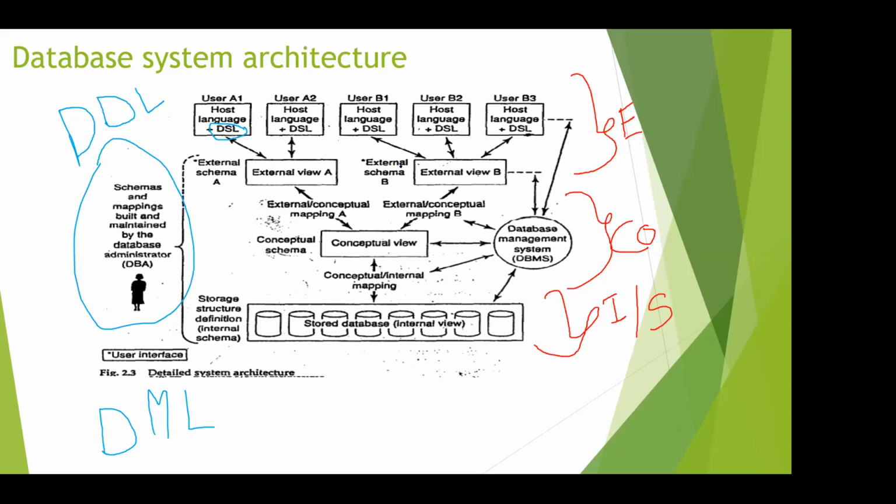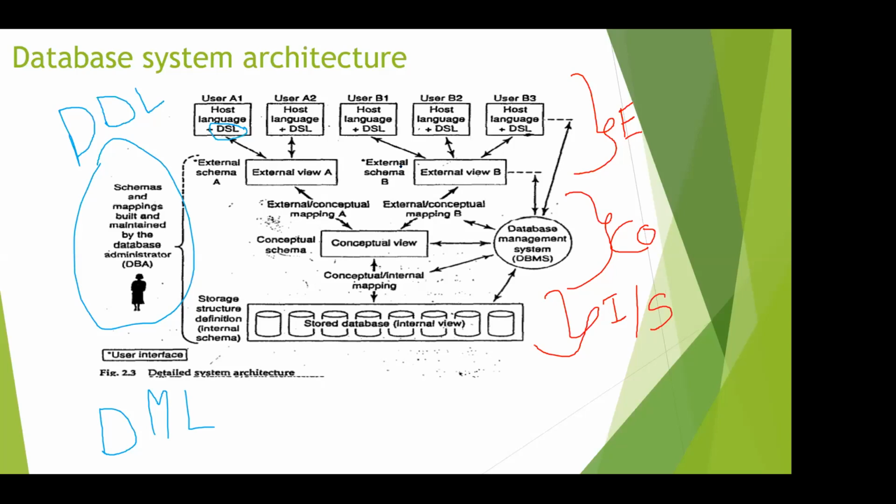The next level is the lower level, a middle level, the conceptual level. Normally we know that the conceptual view is a representation of the entire information content of the database.